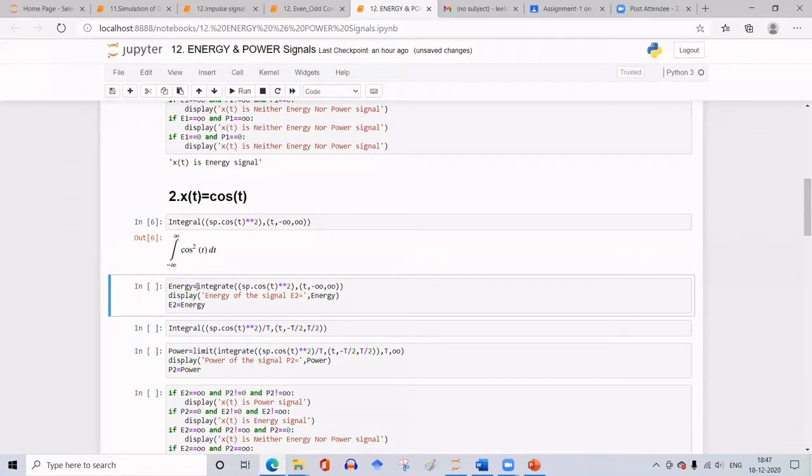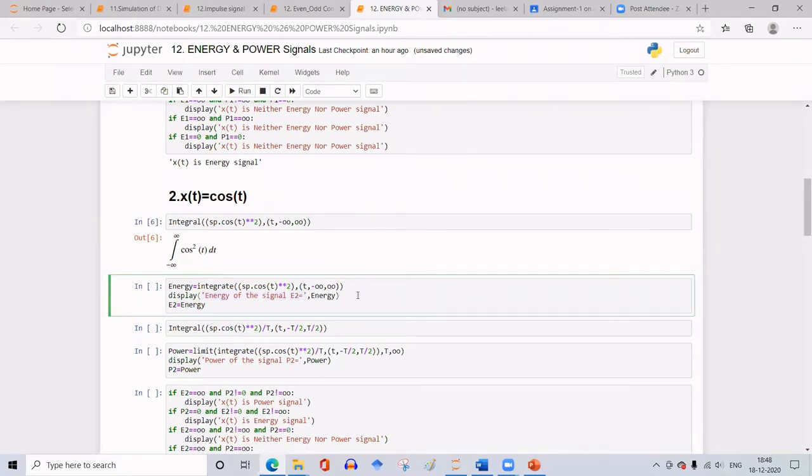Now evaluate this integral, sp.integrate cos square of t between the limits minus infinity to plus infinity with respect to t. Whatever you get, I am designating it as energy, and I am displaying it with the string "energy of the signal E2 is equal to", followed by that value.